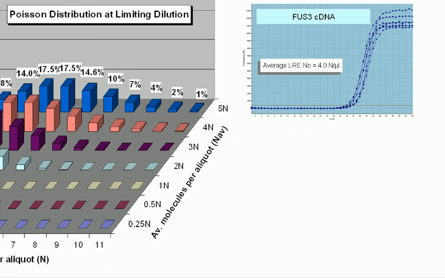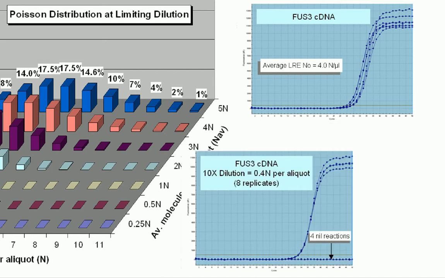Thus, if this sample actually contains 4 target molecules per microliter, a 10 times dilution would reduce the target concentration to below 0.5 molecules. This in turn is predicted to produce replicate reactions that likely contain either 0 or 1 target molecule. And indeed, this is what is observed. As will be discussed in more detail shortly, the production of nil reactions is diagnostic of reaching what is called limiting dilution.